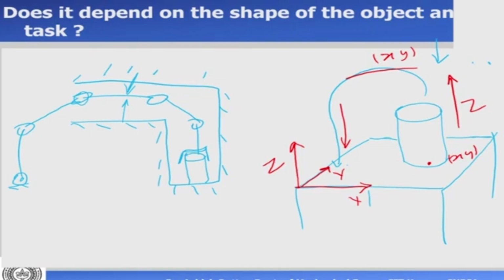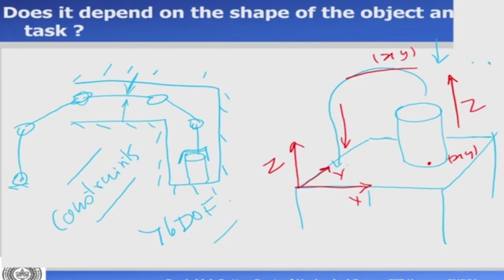So although keeping a cylinder on the table requires fewer degrees of freedom, at most 6 depending on the angles, now if you want to go and catch it, because there are constraints which are limiting the motion of your joints, you may need more than 6 degrees of freedom. So greater than 6 DOF may be required, and these are systems which are called redundant manipulators.